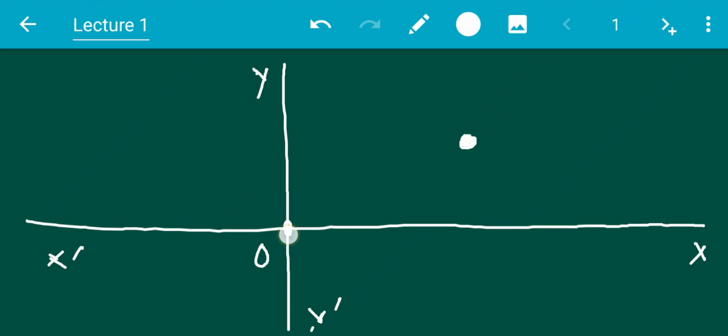We start from the origin, we move along the x-axis till this point. We write this distance as small x. From this point we climb to this particular point. Say this distance is y. So we define this point as x comma y. This is called the coordinate of the point.